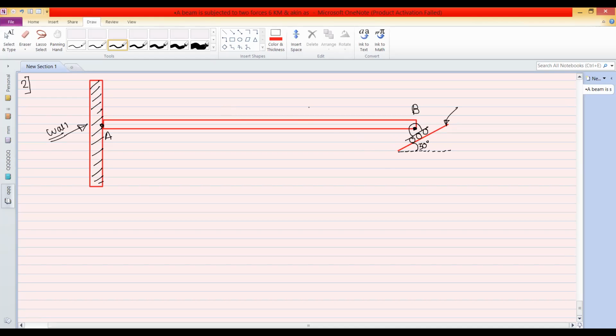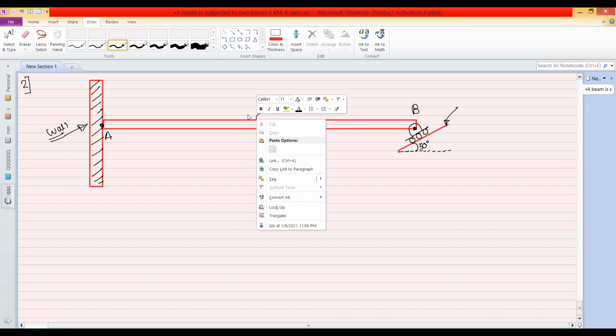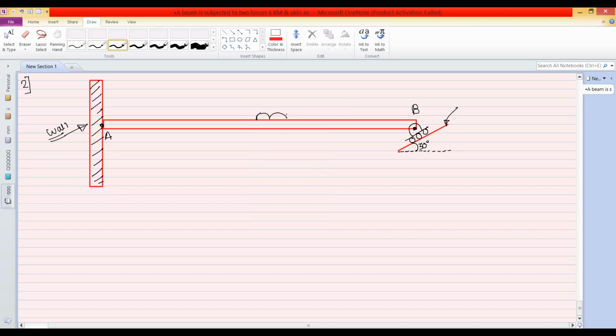And this beam AB is loaded with the help of a UDL and a point load. So this is the UDL. This is point C. This span is 2 meters. The intensity of this UDL, which is W, is equal to 10 Newton per meter.